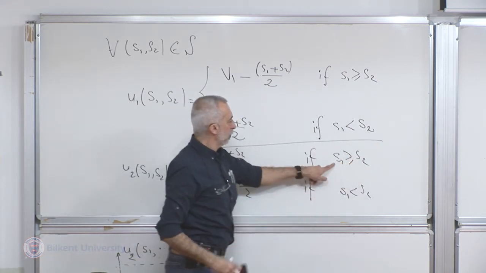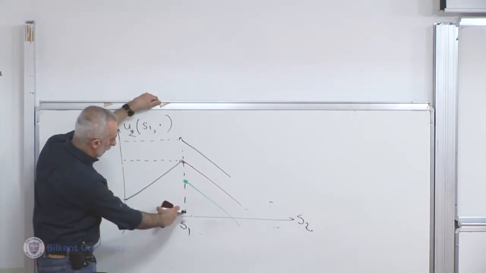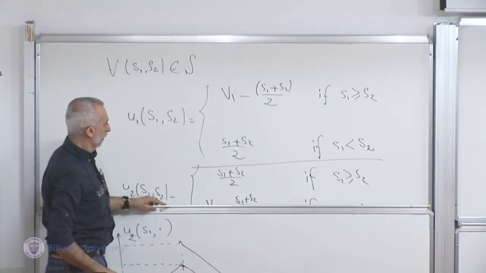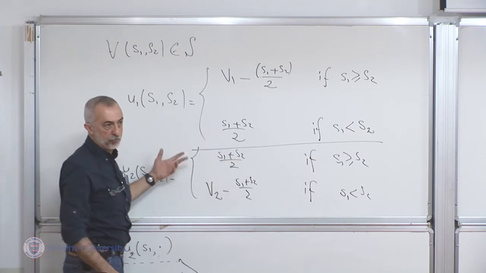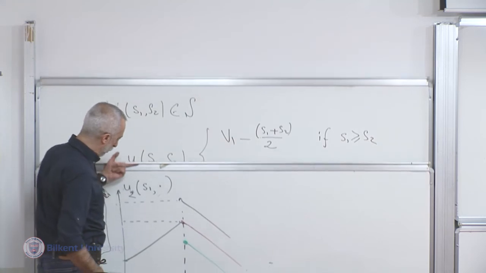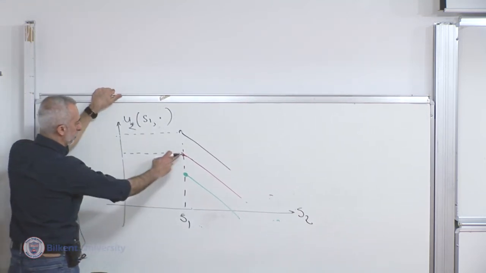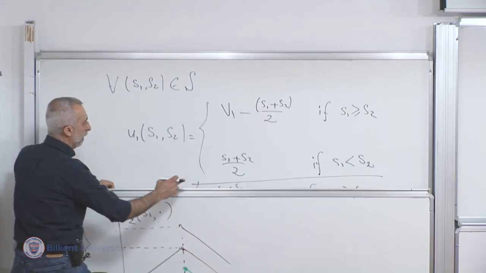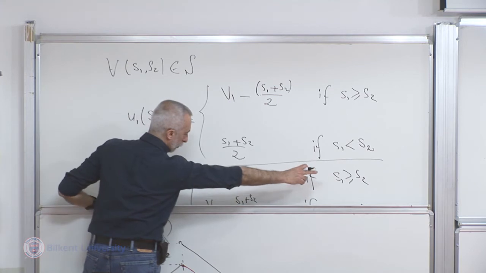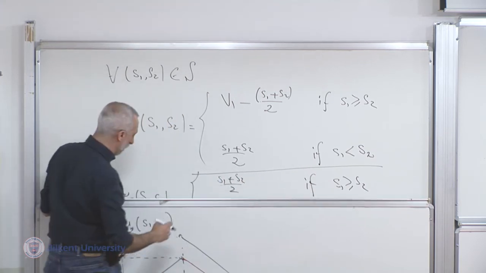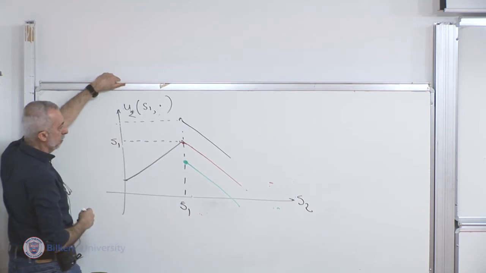So when S2 is less than S1, that is, we're to the left of S1, the function behaves like this. Just as before, that's a linear function with slope 1 over 2. Actually, I don't really care where it starts from, but where it ends up is the point where S2 is equal to S1. So this point is going to be S1.